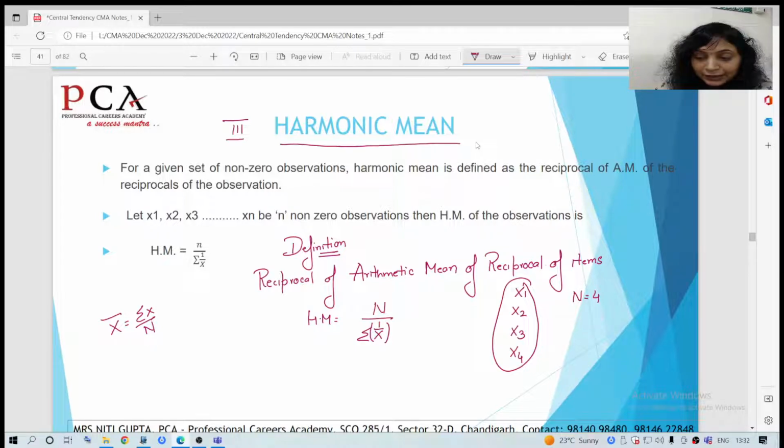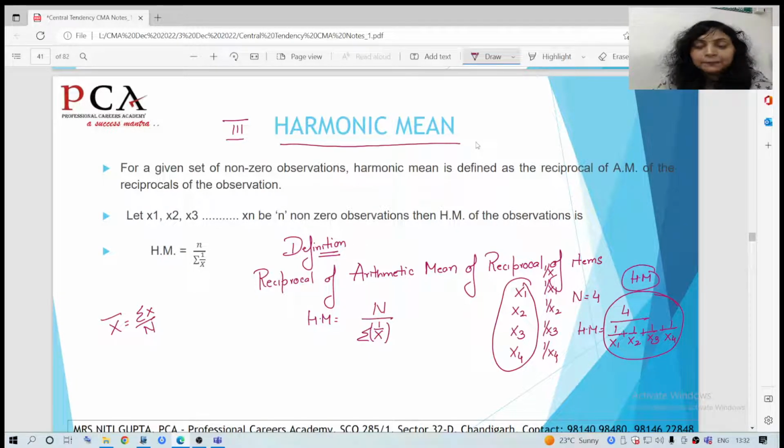First we compute 1 upon x, the reciprocal of items: 1 upon x1, 1 upon x2, 1 upon x3, 1 upon x4. So harmonic mean is equal to 4 upon 1 upon x1 plus 1 upon x2 plus 1 upon x3 plus 1 upon x4. So this is the formula for harmonic mean.